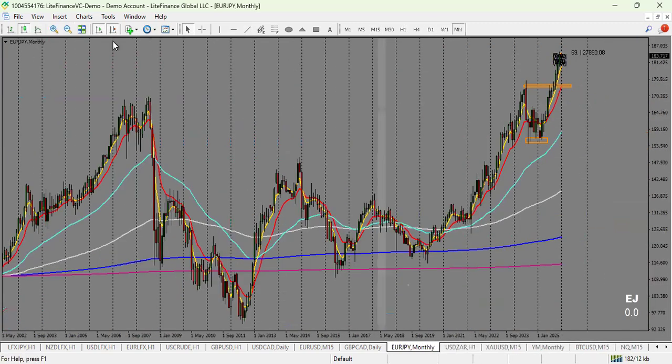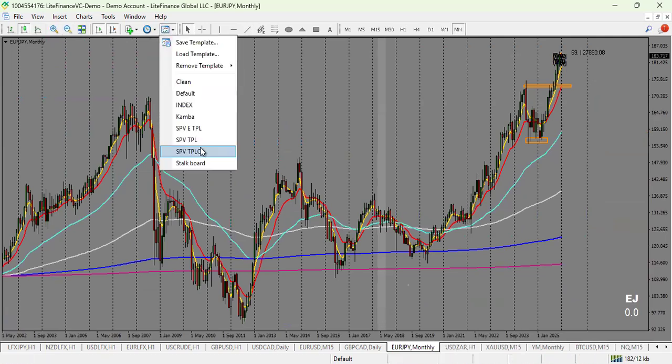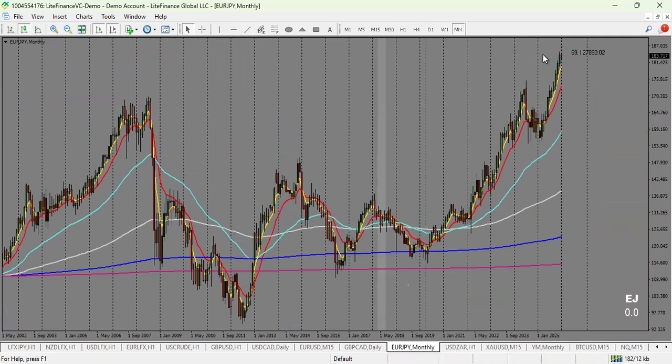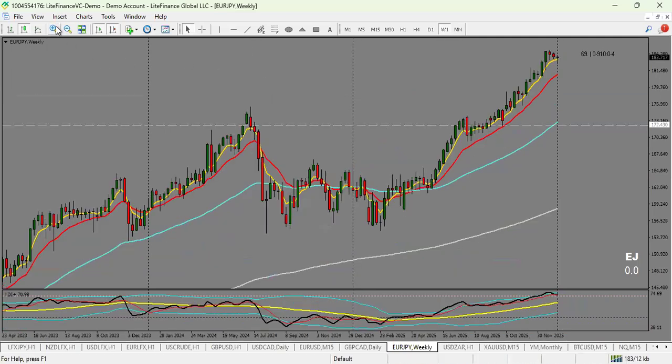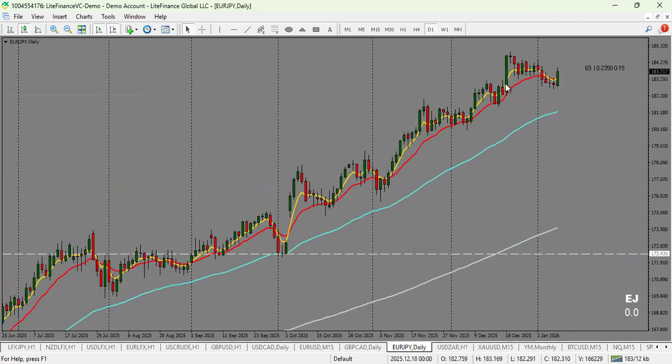Now, on EURJPY, we saw that the market structure is still bullish, according to higher time frame buyers. On the monthly and the weekly time frame, we are having a very strong bullish market structure. And this here is simply a retracement, and we continue going up.